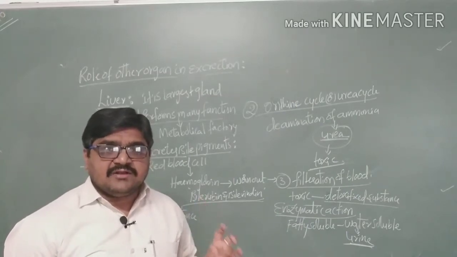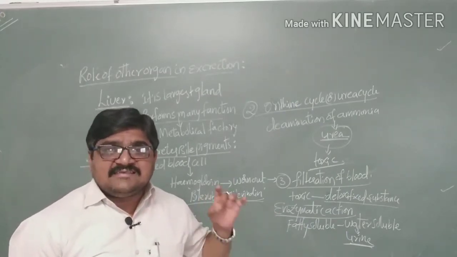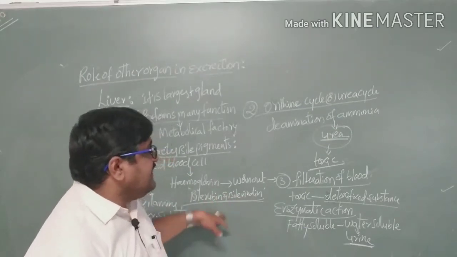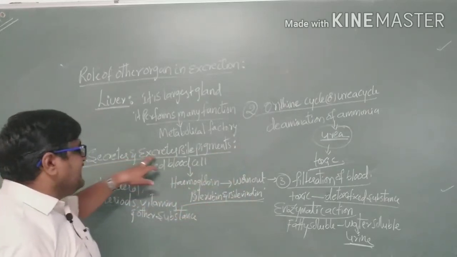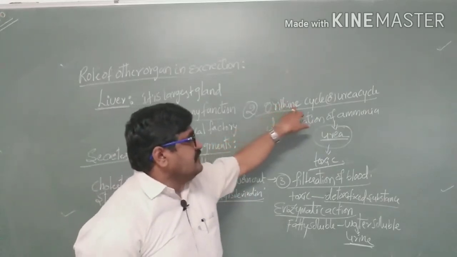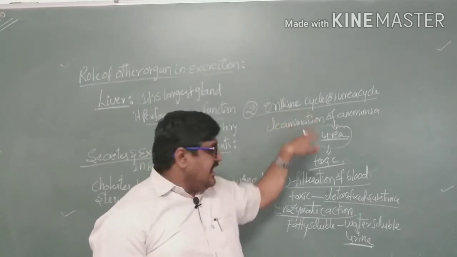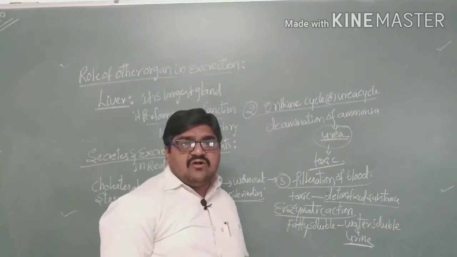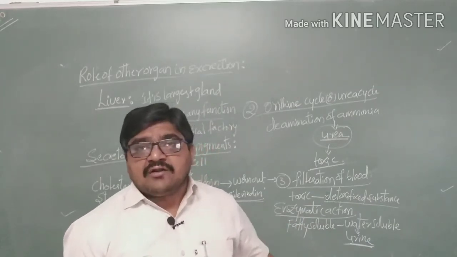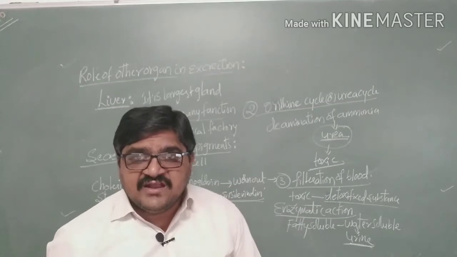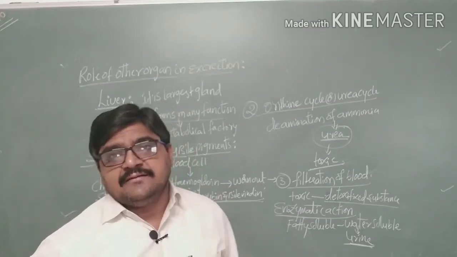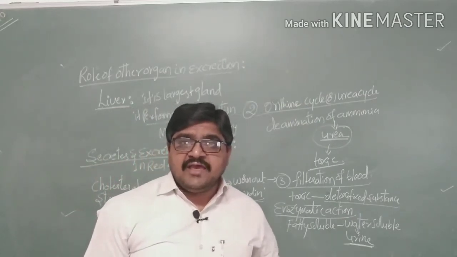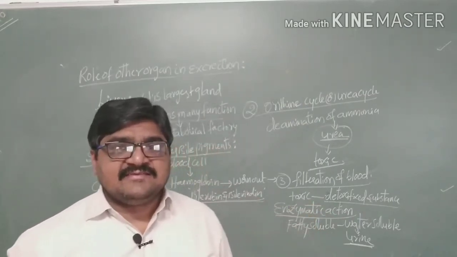You can call it a metabolic factory, and it is the largest gland present in our body, where toxins are detoxified and excreted in the form of bile pigments, and also the ornithine cycle or urea cycle, and also the filtration of blood and enzymatic action, where fat soluble substances are converted into water soluble substances and excreted outside in the form of urine. So these are the three excretory organs present in our body along with the kidneys.